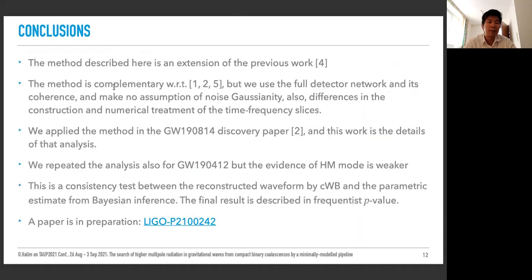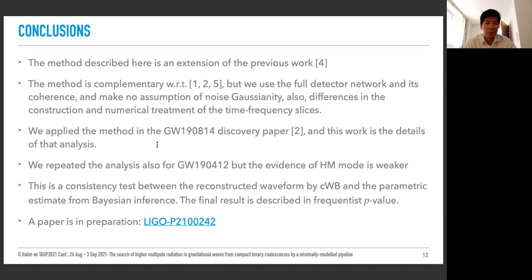And that's it. Here is the conclusion that can be drawn from this work, which is that the method described here is an extension of previous work. The method is complementary with other work, but we use the full detector network and no assumption of noise Gaussianity, and there is also a difference in the construction and numerical treatment.